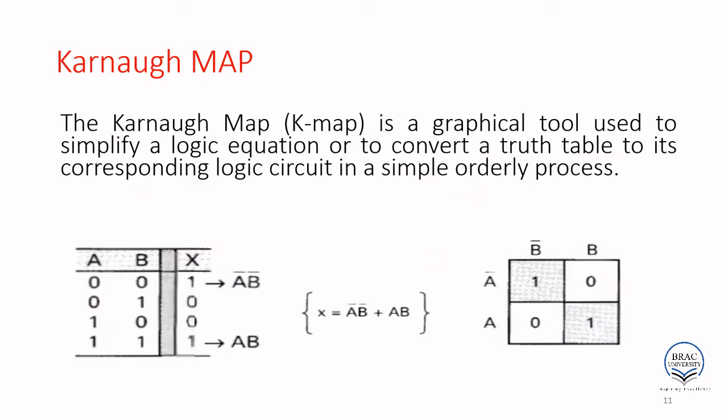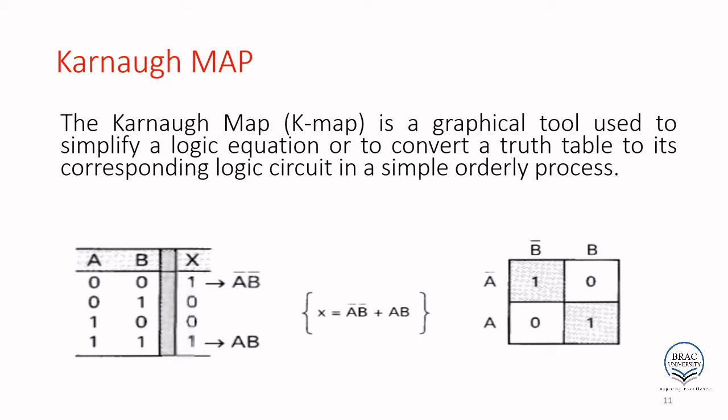So next is the K-map. The Karnaugh map, known as K-map, is a graphical tool used to simplify a logic equation or to convert a truth table to its corresponding logic circuit in a simple, orderly process. Like we have given this truth table. So 0 0 is high and 1 1 is high.